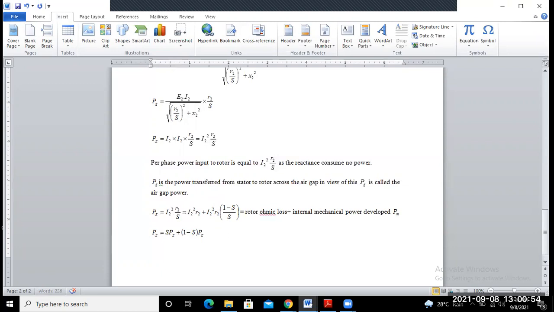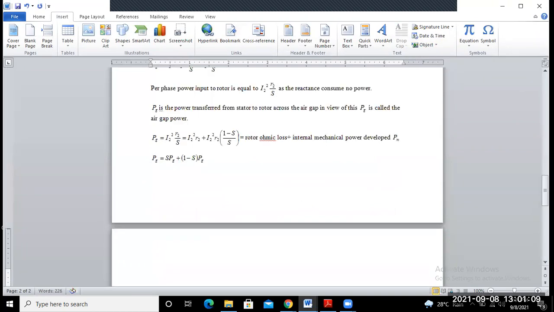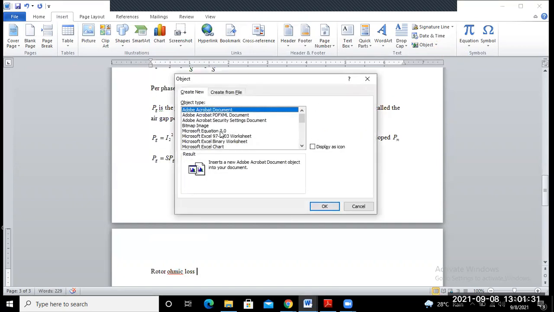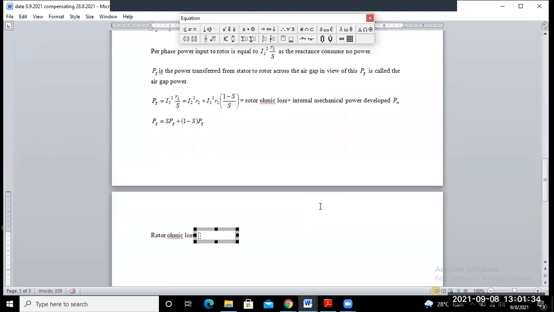So SPG equal to rotor ohmic loss, which is equal to SPG.